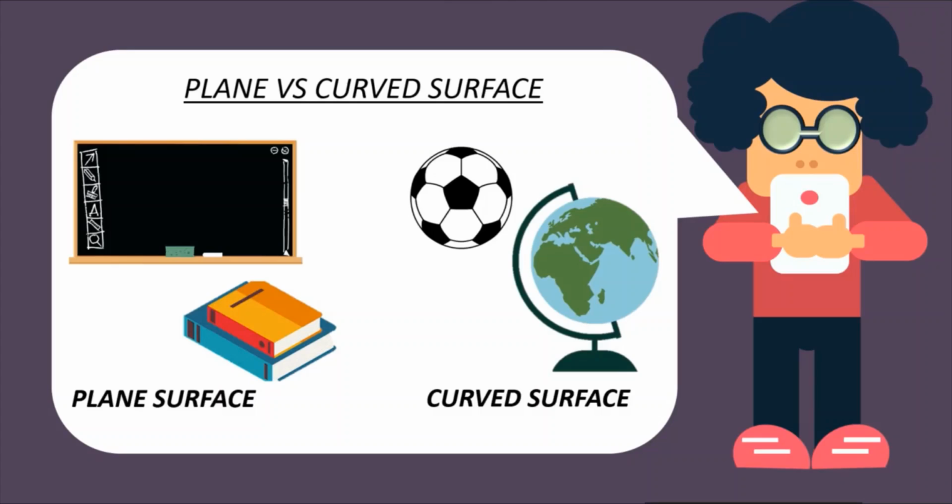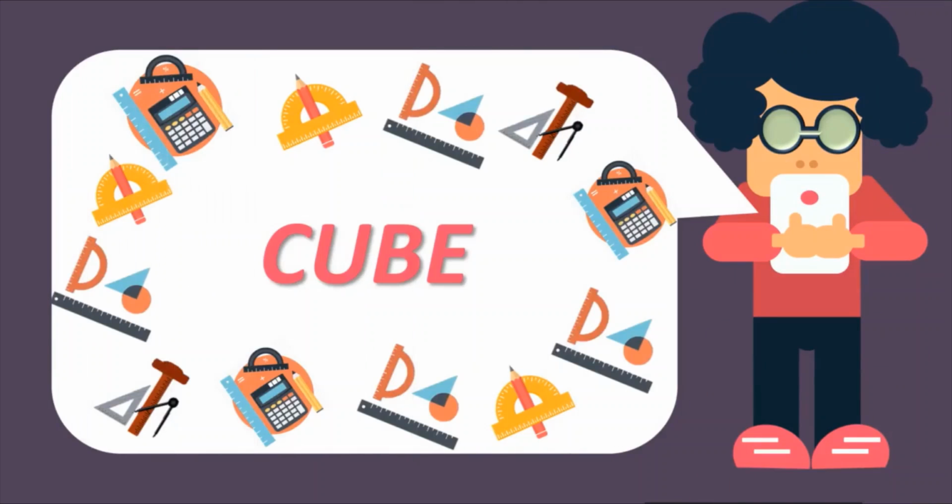See, in the case of a blackboard or a book, the surface is plain and flat. While when you touch a globe or a football or a ball, you see the surface is curved or round or circular. Now we come to a cube.